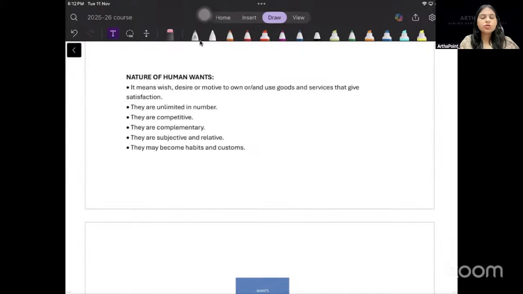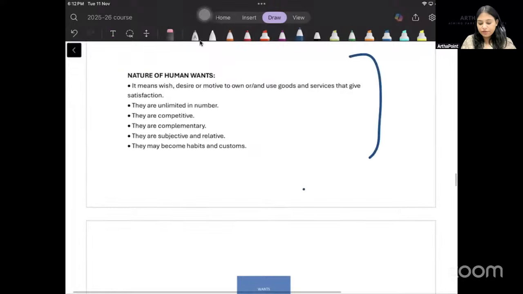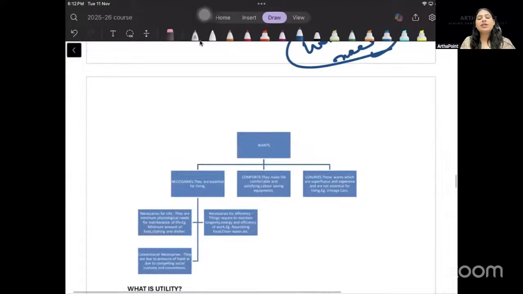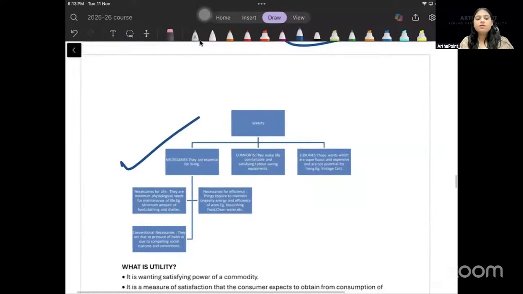So first of all, we should know the difference between wants and needs. Wants are always unlimited. I can want something very difficult to achieve. But from wants we want to understand which are the necessary wants, the wants without which we cannot live, which are necessities, which are my needs.